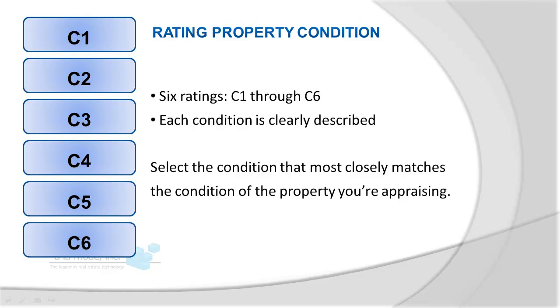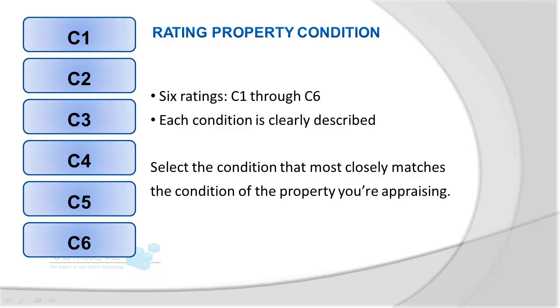You're not giving, this house gets 5 stars and that house gets 3 stars. It's not that at all. Actually, each one of these has its own definition, and you're going to match the property you're looking at against the definition. Some of the terms and parts of the definition do not apply to all properties. Especially, you'll notice when you get to your comparables. You may or may not know anything about the interior of your comparables.